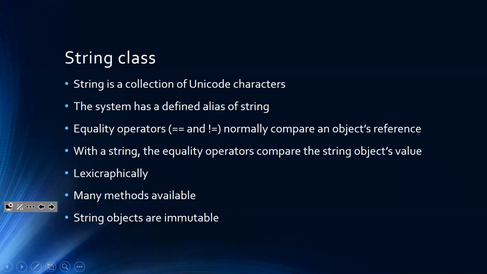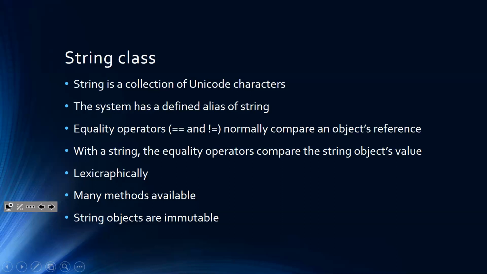Whenever we are using the equality operators, equal equal and not equal, we usually are comparing an object's reference, that memory location where that object lives in memory. Starting at this memory location, are you finding the same data as you find starting at this memory location? Now with the string, the equality operators actually compare the string object's value.